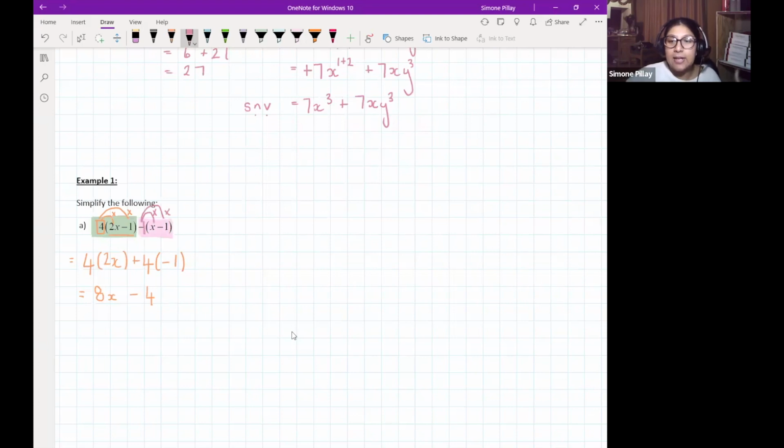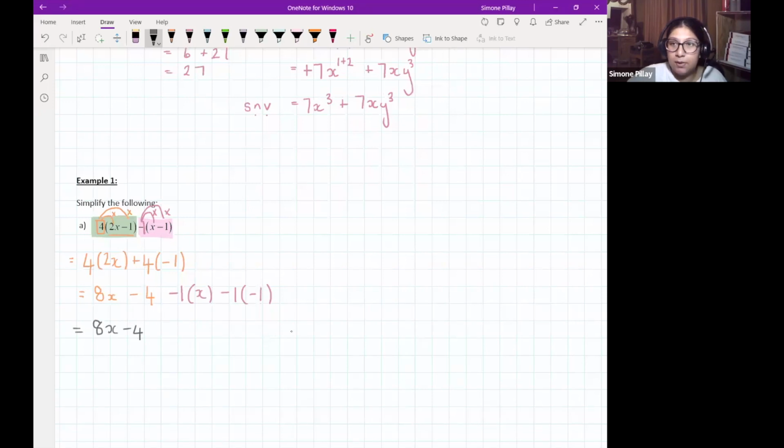It is an invisible 1. And so when I do that, it's going to be -1 multiplied by x, and then -1 multiplied by -1. And then when we add all of it up together, we're going to get 8x minus 4.